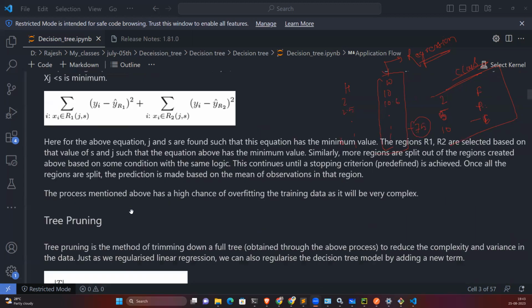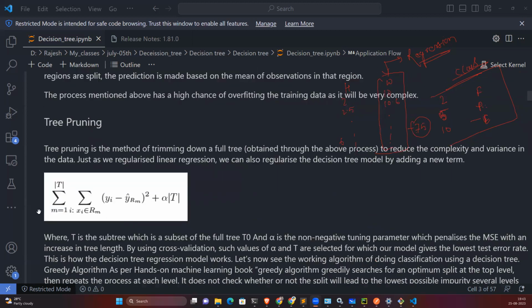Yeah. So now I'm going to talk about tree pruning. What do you mean by tree pruning? So see, have you met anyone who is very overthinking? Is anyone here a very overthinker kind of person? Okay, I am. To be honest, I am a very overthinker guy.